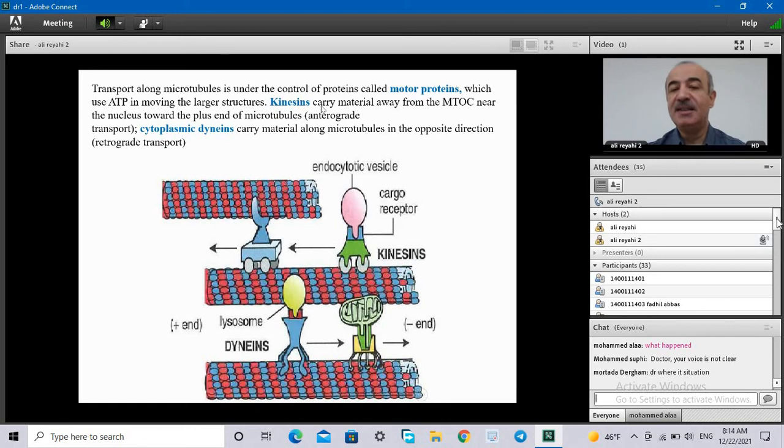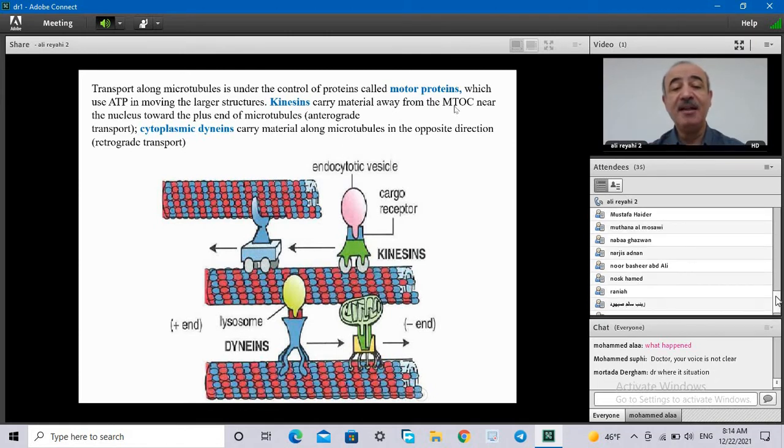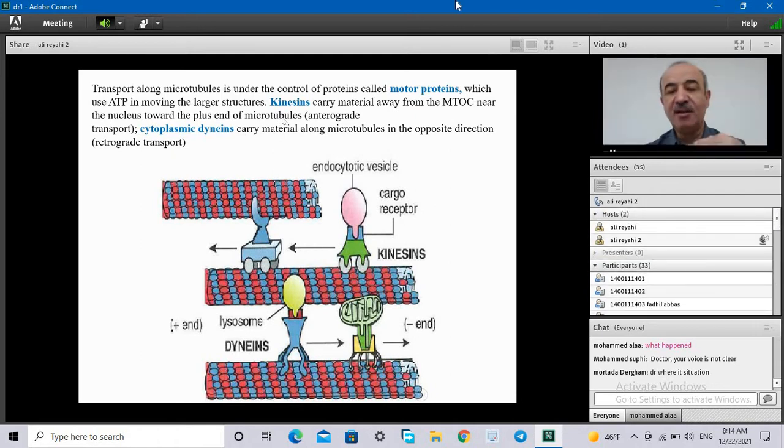Kinesin carries material away from the MTOC, that means from the minus end near the nucleus toward the plus end of the microtubule. This movement is called anterograde transport. The minus end usually is attached to the MTOC.